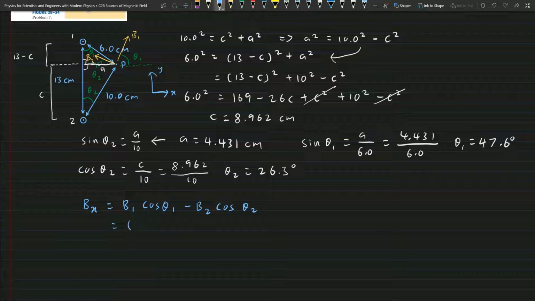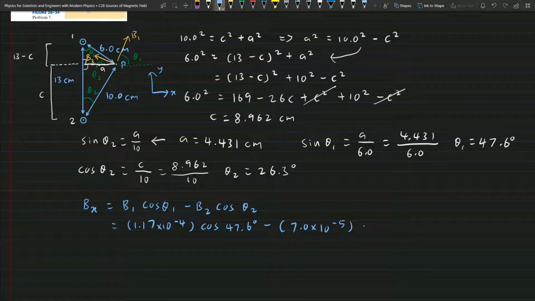B1 we get is 1.17 times 10 to the negative 4, cos 47.6 degrees, minus 7.0 times 10 to the negative 5, cos 26.3 degrees.